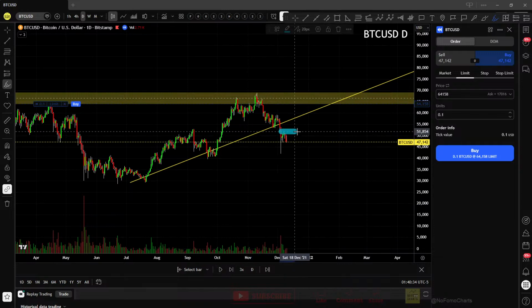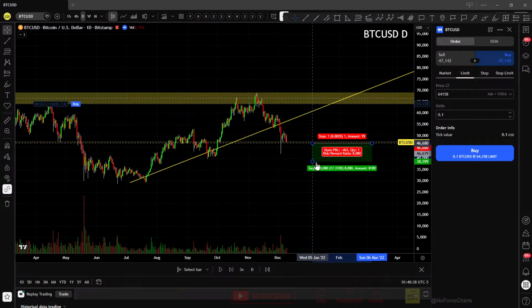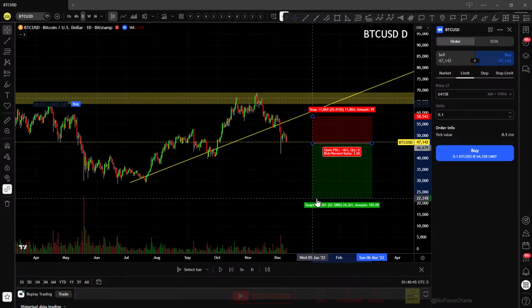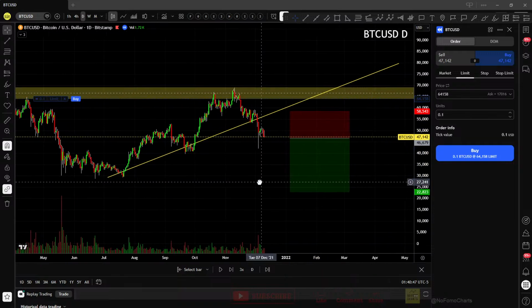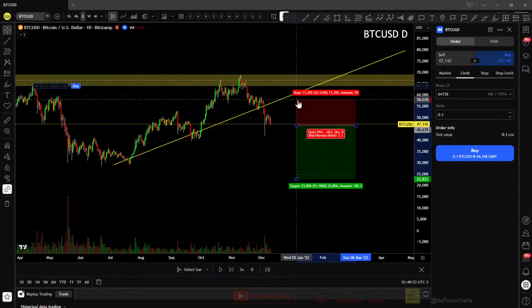Okay, so then there's that little bit of a bounce. I'm going to practice the short right now. So as an investor, I'm going to use this big mental stop loss, for example. I'm not going to actually put it on there because actually, I'll just put it on there to make it a good habit for people.